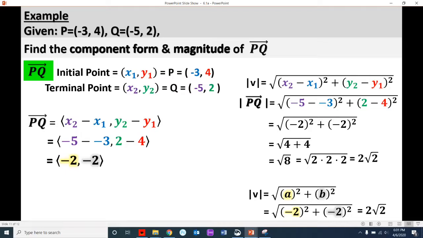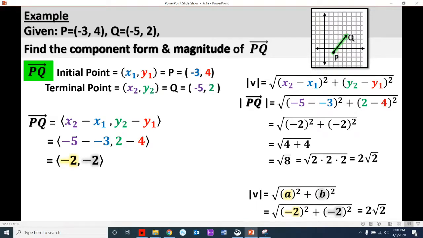Let's look at a visual to make sure you understand the idea. If I graphed vector PQ, the distance from P to Q is known as the magnitude, which was a length of 2 root 2.